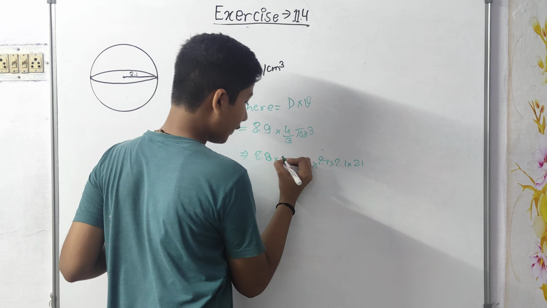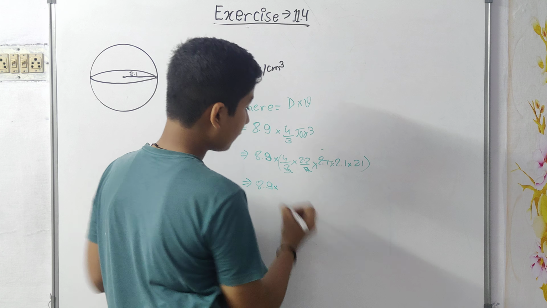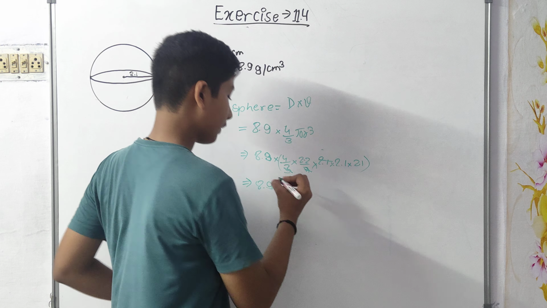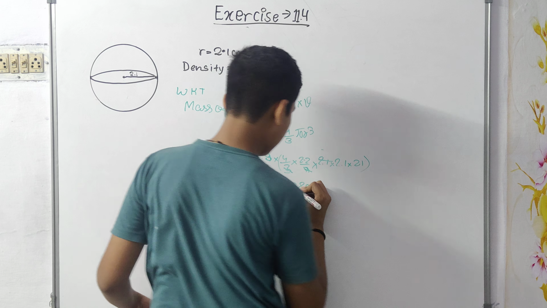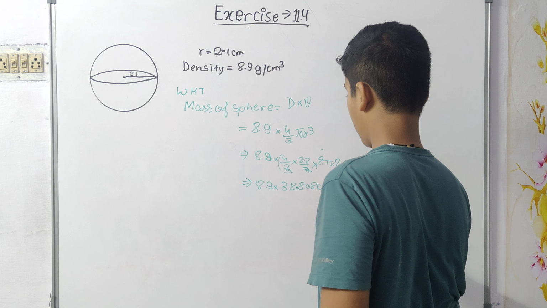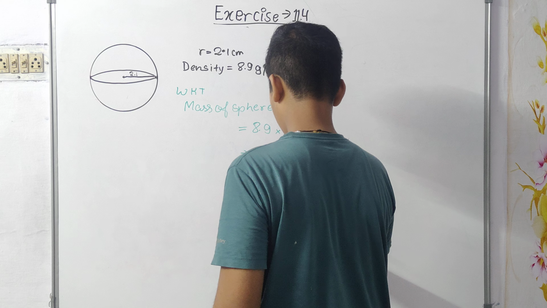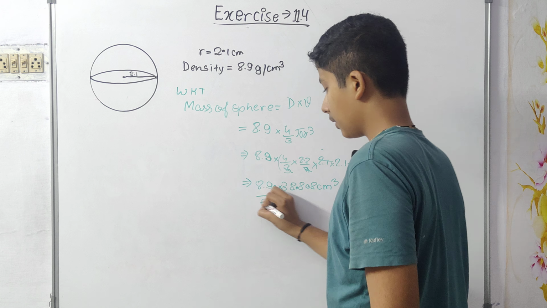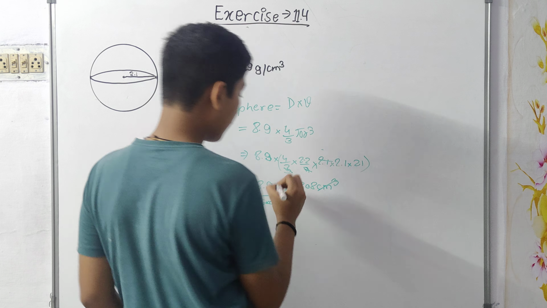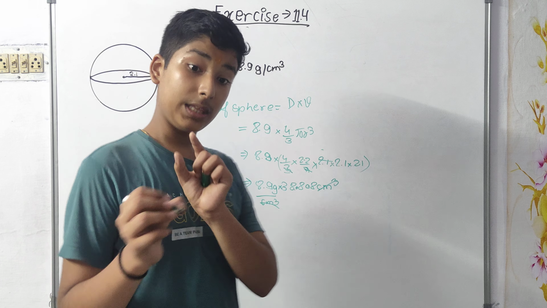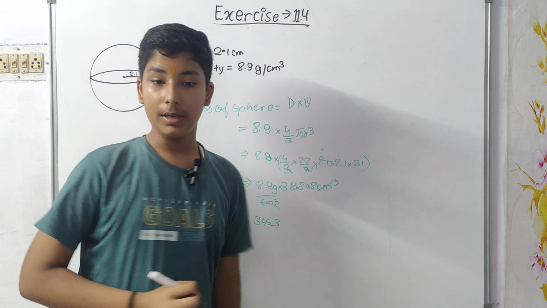Now, when we solve this, we get 38.808 centimeter cube, and this would be gram upon centimeter cube. Now centimeter cube cancels. So 8.9 into 38.808 will be 345.3.